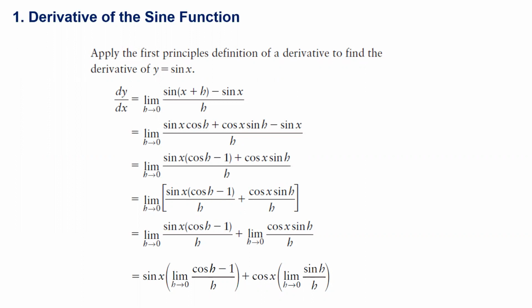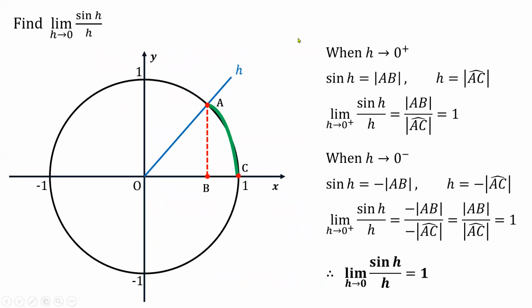Okay, if you have no questions, let's have a look at how we can evaluate the limit of such two expressions. First, let's find the limit of sine h over h as h approaches 0. We can consider this problem in a unit circle.